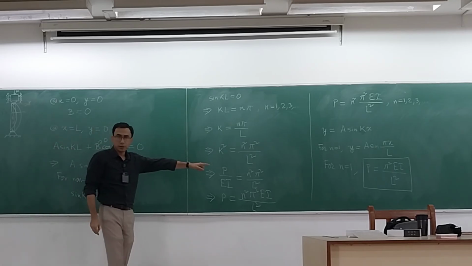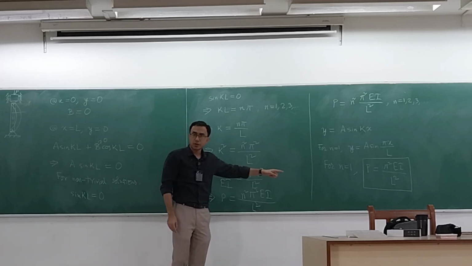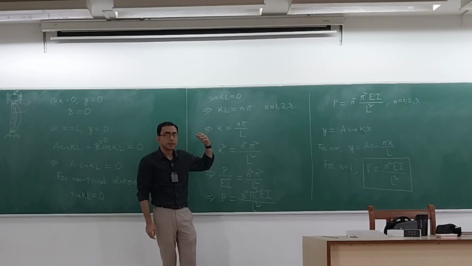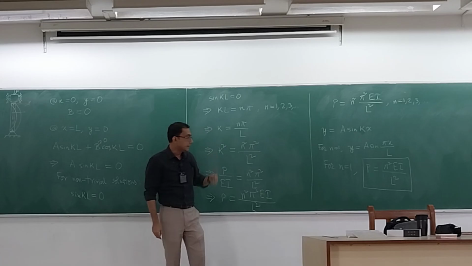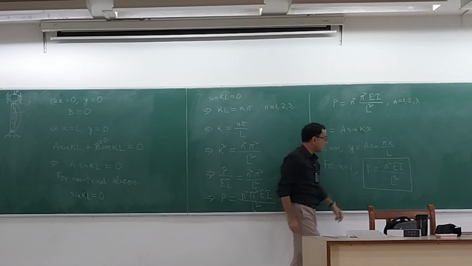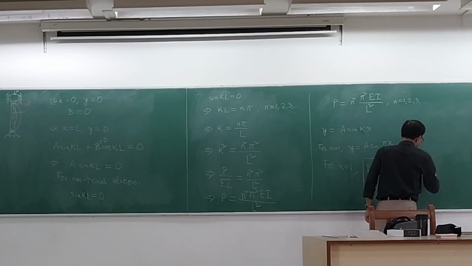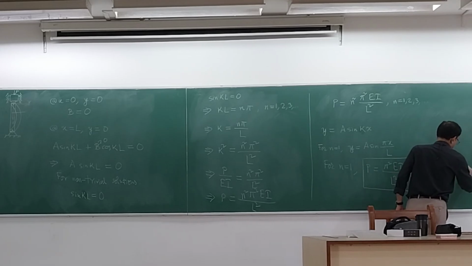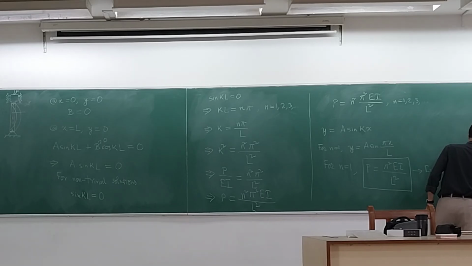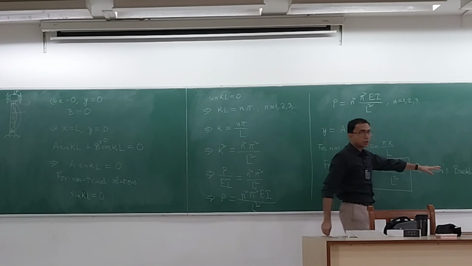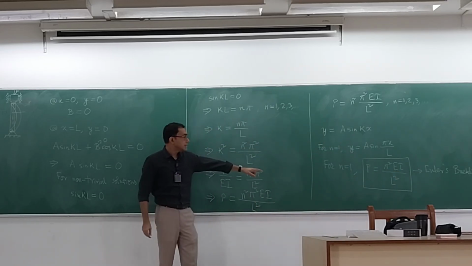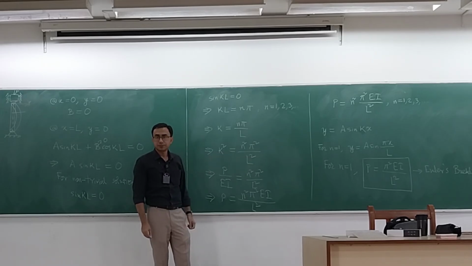But it is historically important, and it is also important in terms of structural analysis, because many kinds of joints can be modeled in terms of these pin joints. So this is referred to as the Euler's buckling load, or Euler's critical buckling load. This is the fundamental case, where fundamental means corresponding to n is equal to 1.